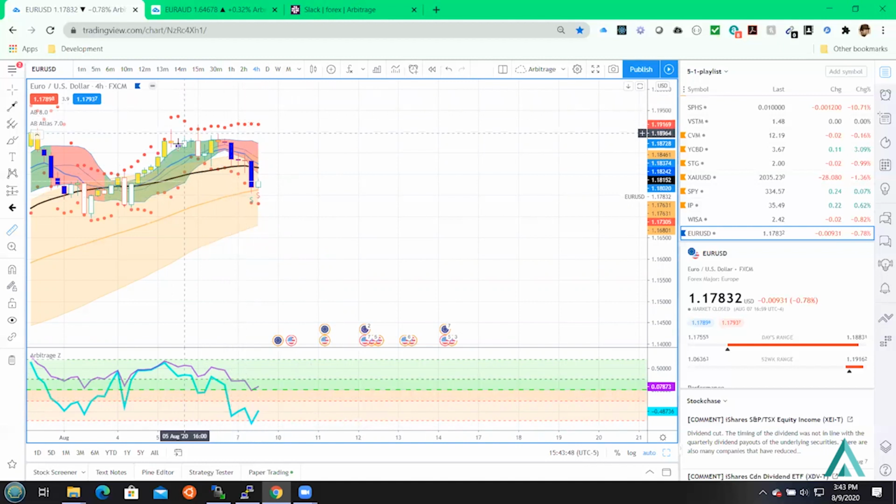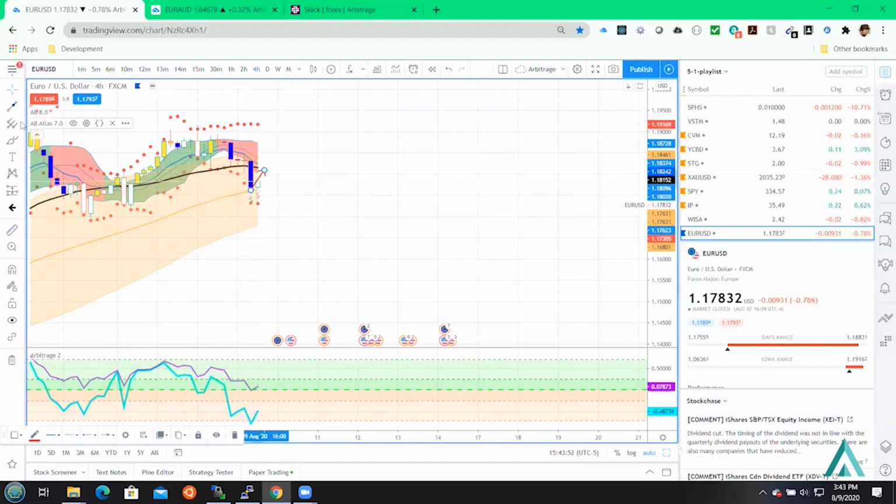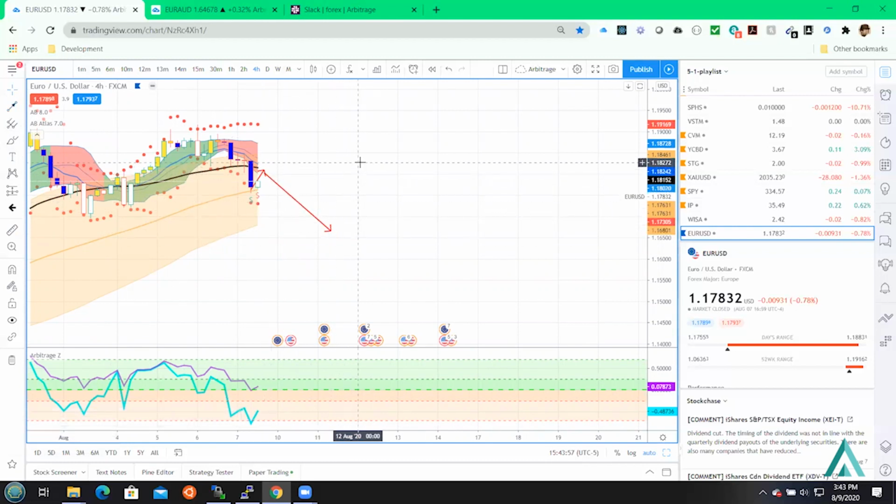And in this case, we might get a little bit of price action to do this and then this. And basically, the quick down, then quick back up allows the range to expand. And if the range is expanding, then we have the ability to basically go further up or further down.